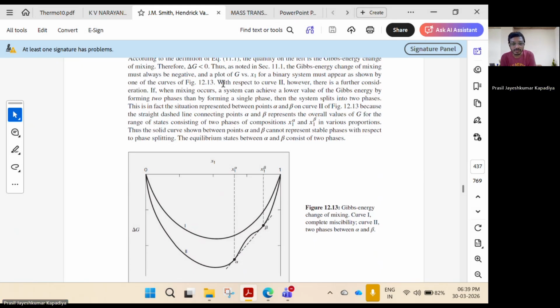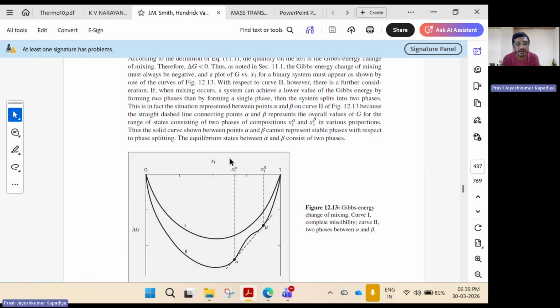With respect to curve 2, however, there is a further consideration. When mixing occurs, a system can achieve a lower value of Gibbs free energy by forming two phases than by forming a single phase. So here we see that instead of forming one phase, it is forming two phases and it is lowering the Gibbs free energy.